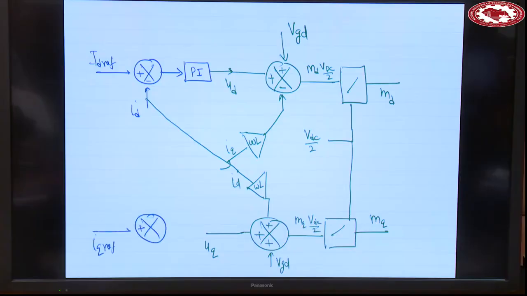Similarly IQ ref minus IQ, and this IQ will be going this way, and here the compensator.